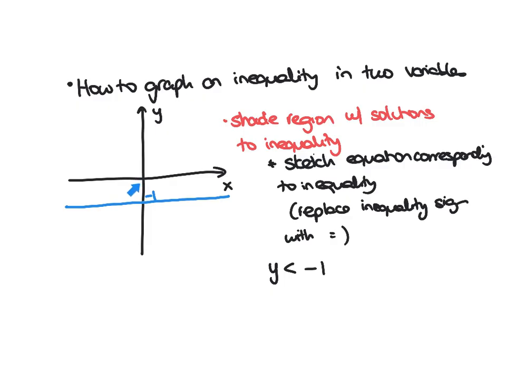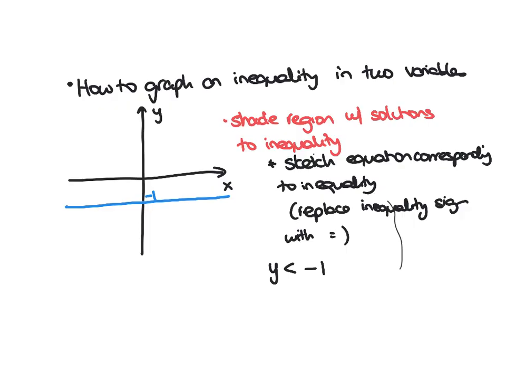Over here, y would be 0. Now 0 is not less than minus 1, so this region won't fit. Over here, say minus 2, y equals minus 2 is less than minus 1. So this region fits.